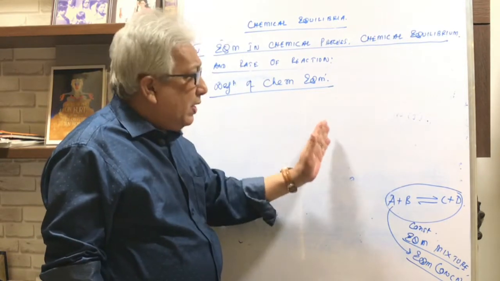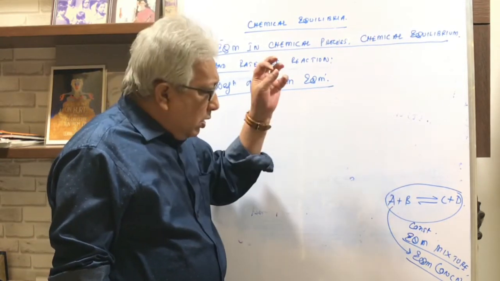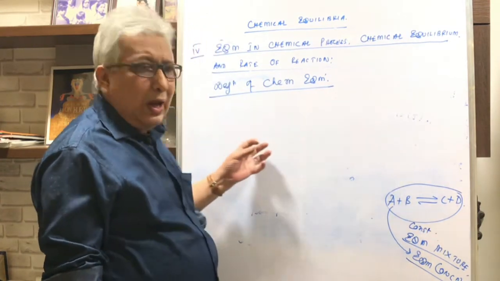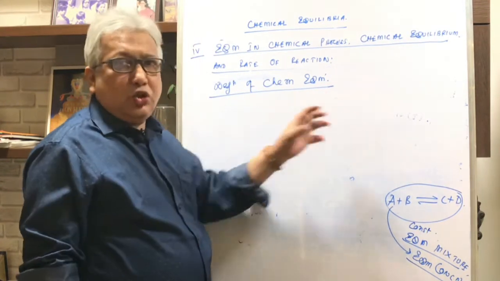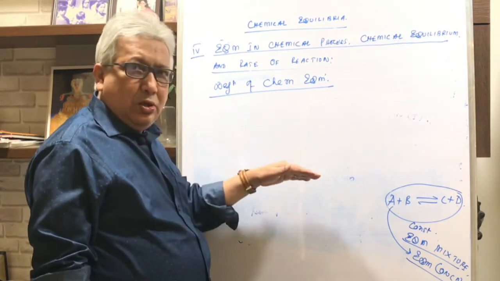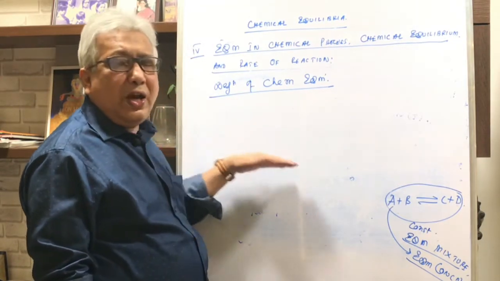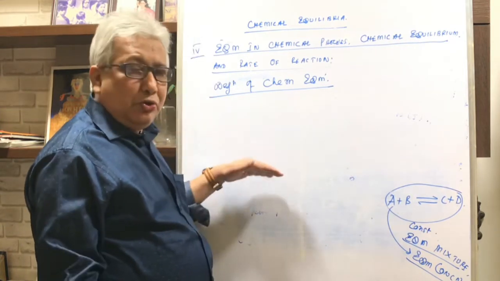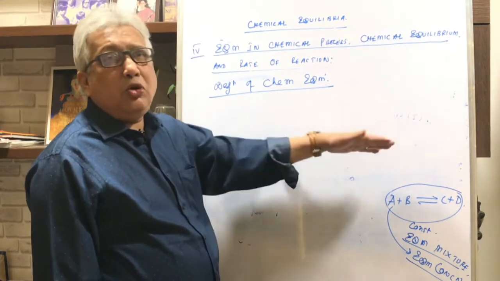Then further you say, at this stage the mixture of the reactants and products is called as equilibrium mixture, and at this stage the concentration of reactants and products have become constant, and each concentration is called as equilibrium concentration.